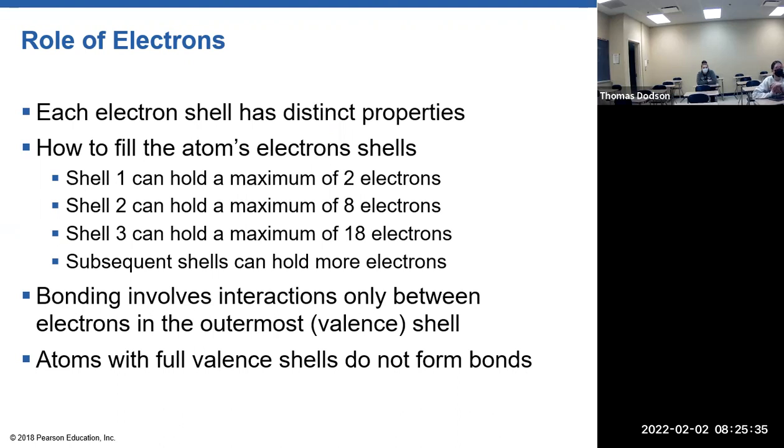One thing I do want to put here, at the very bottom: if you have a full shell of valence electrons, you don't form bonds. Have you ever heard of the noble gases? On a periodic table, they're all to the far right.